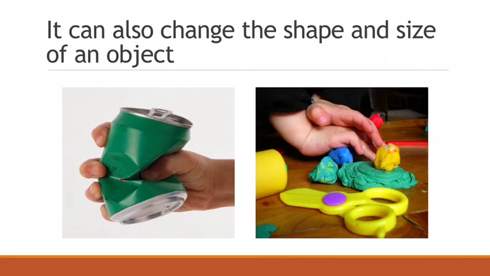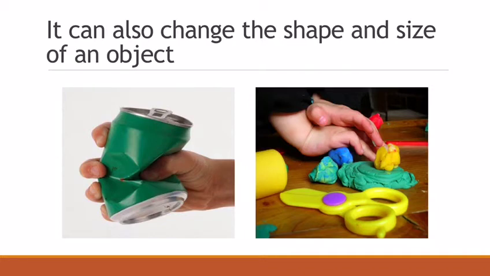All of you must have experienced this before. Force can also change the shape and size of an object, as all of you can see in the pictures. We can squash the can to change its shape. Squash means to crush something. We can bend, twist, and squash the Play-Doh to change its shape.